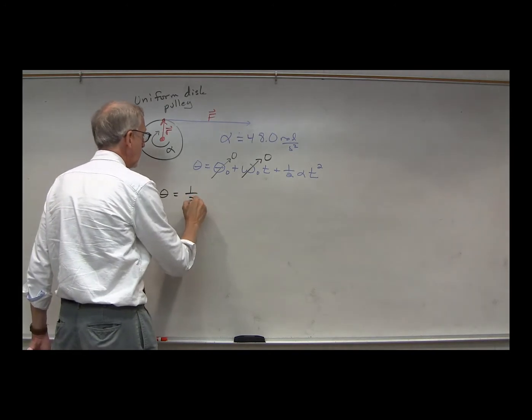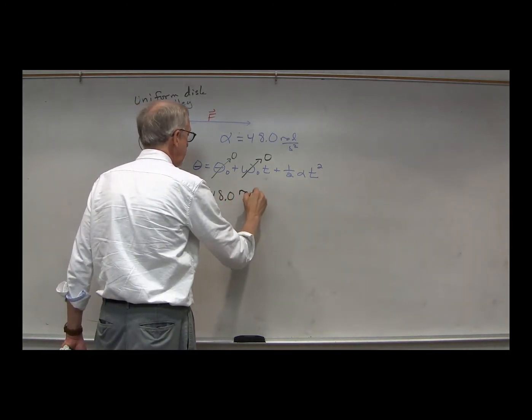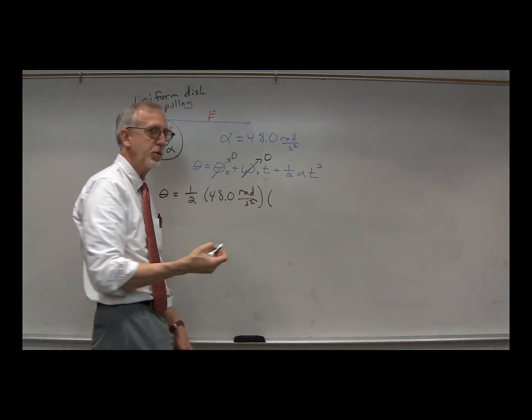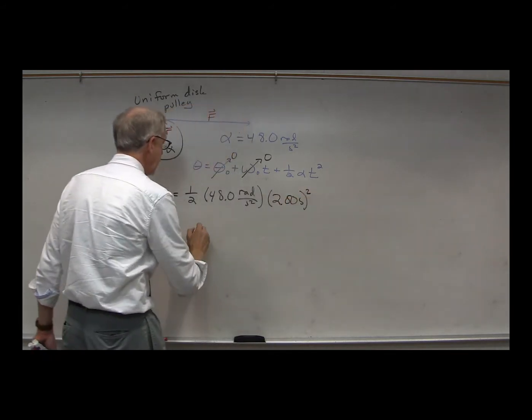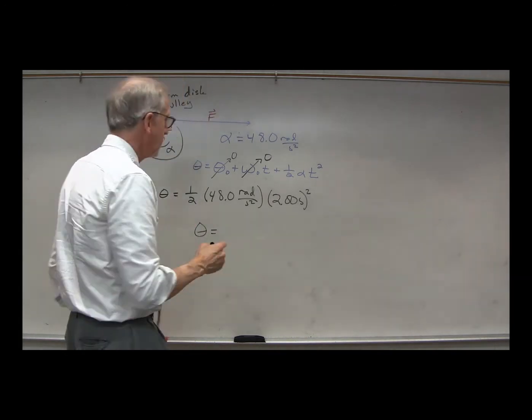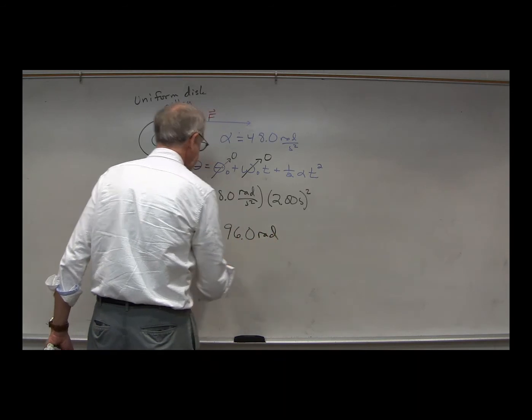In other words, 1/2 times 48.0 radians per second squared times t, and t, remember, was 2 seconds. We multiply that out, and we find that theta is equal to 96 radians.